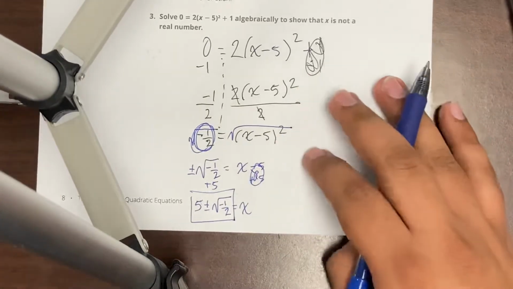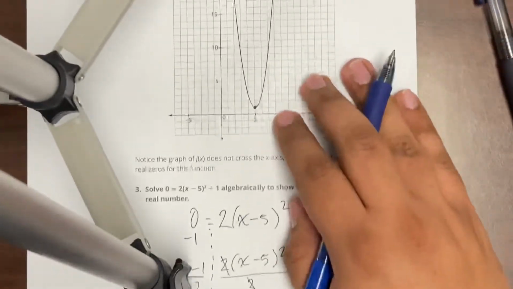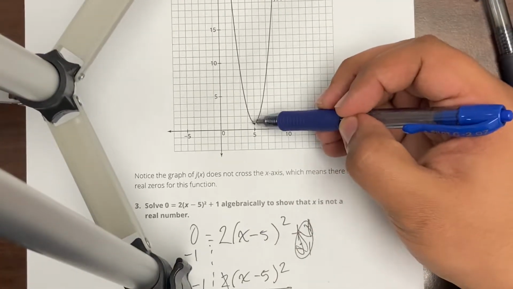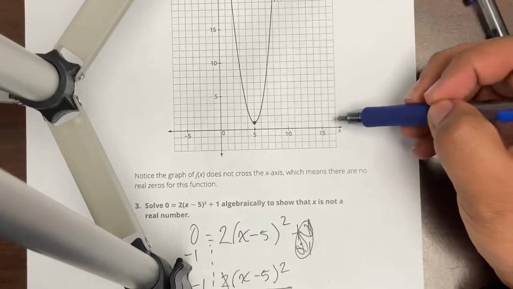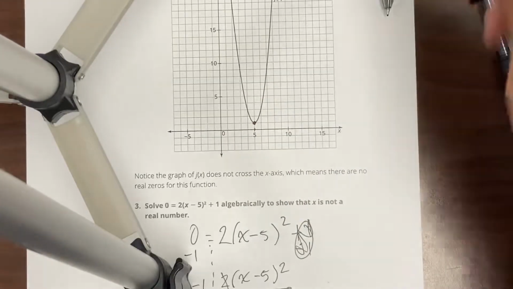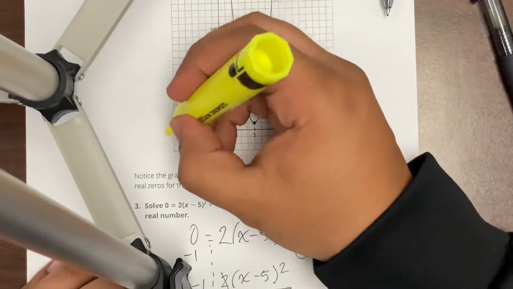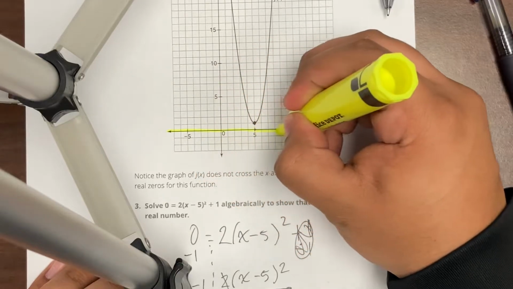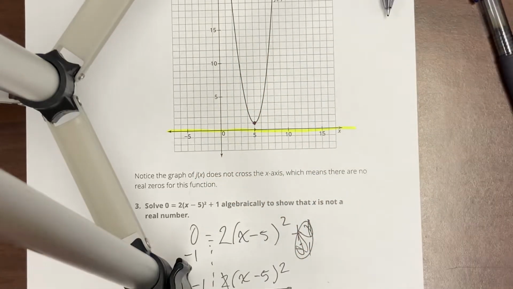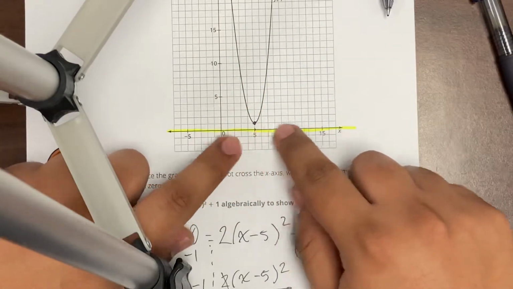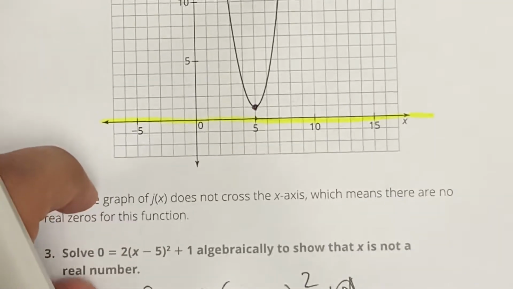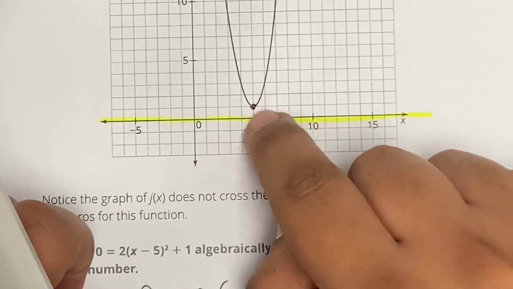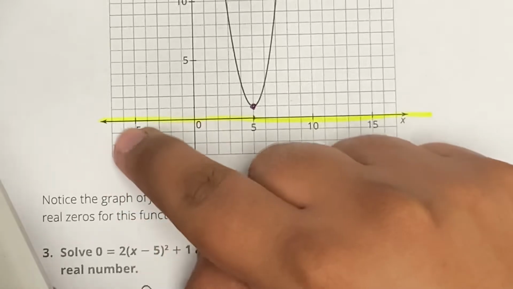It doesn't work. And if we even look at the graph, my vertex or any part of this graph does not touch my x-axis. You know what? I'll even highlight my x-axis, because we need something to show that there are answers. And as you can see, I'll zoom in a little bit more. There's nothing touching my highlighted area.